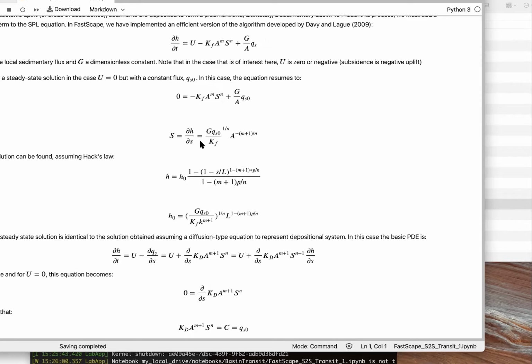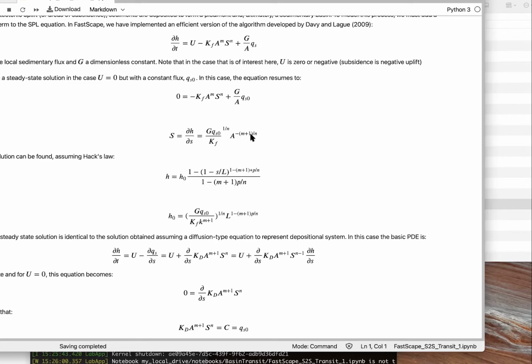And it's telling me, oh, look, I put this to 0, I have again a relationship between slope and area. And from that relationship, I can just guess what the shape of the fan is by integrating it. Very, very similar to the slope area relationship that we derive from the mountain. The big difference is not m, but it's m+1.